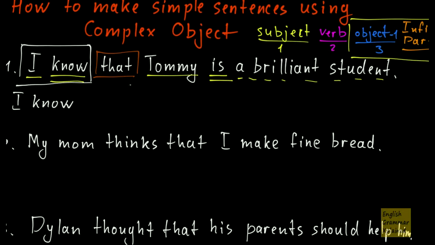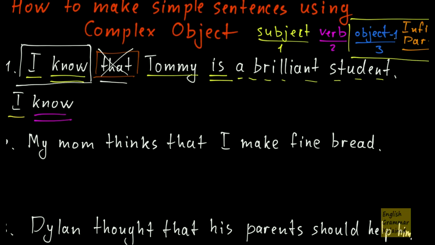Then, the second part, my link, that, will drop out. I will not use it. No need for that. Then, this is my subject here, and this is my main verb in my simple sentence.